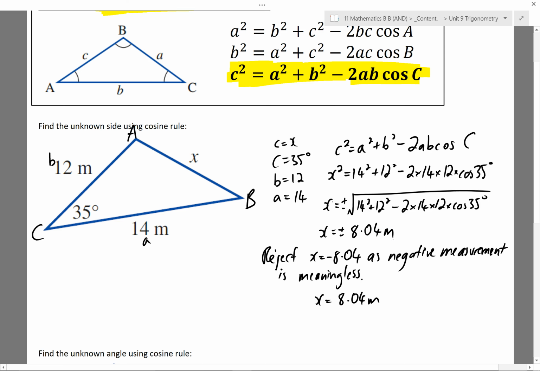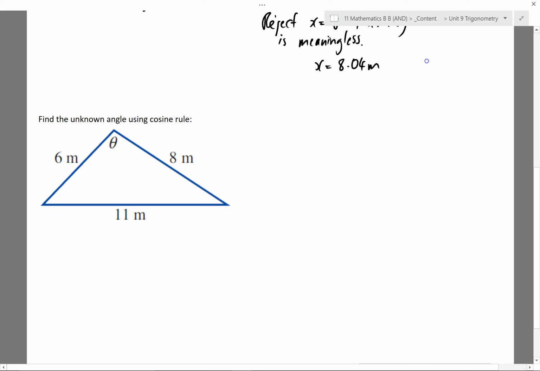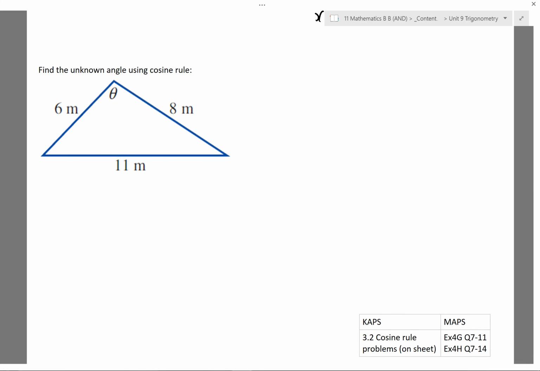Finding the side is relatively easy as long as we label our triangle correctly. Finding the unknown angle, we can also use cosine rule. Also going to label this the same way. Again, going to label my unknown side or unknown angle using C. A big C for the angle and lowercase c for the side, and I can choose whichever order I want for the other ones.